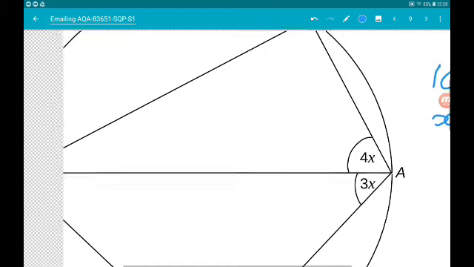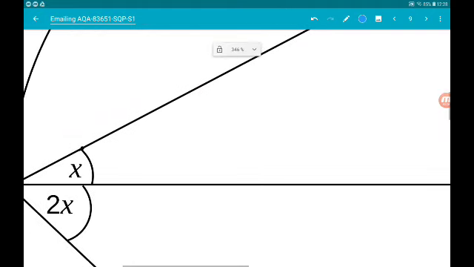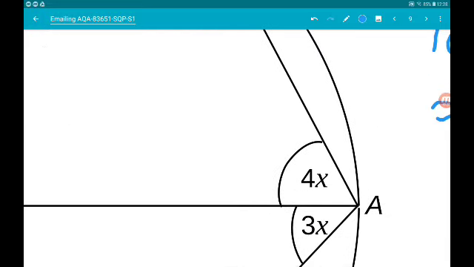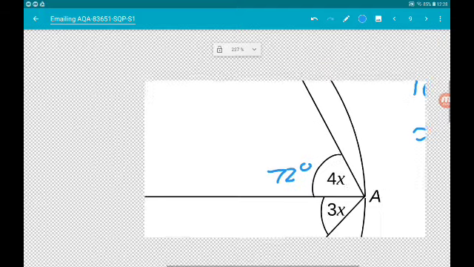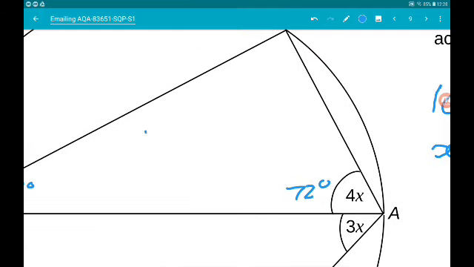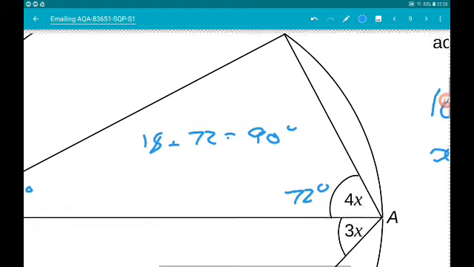So we can now work out the size of these angles. If this is 18 degrees, 4 times 18 is 72. Now 18 and 72 is 90 degrees.